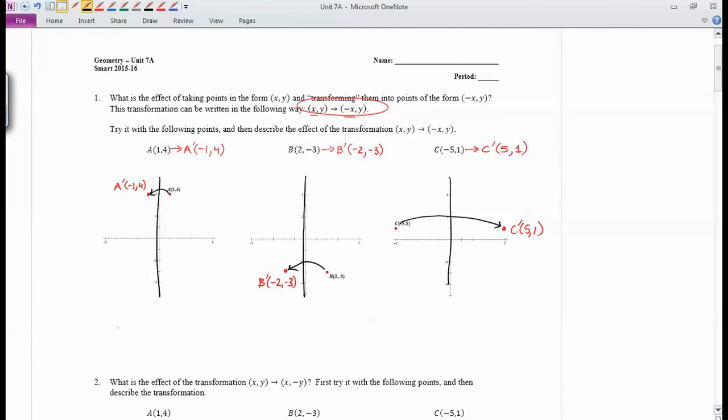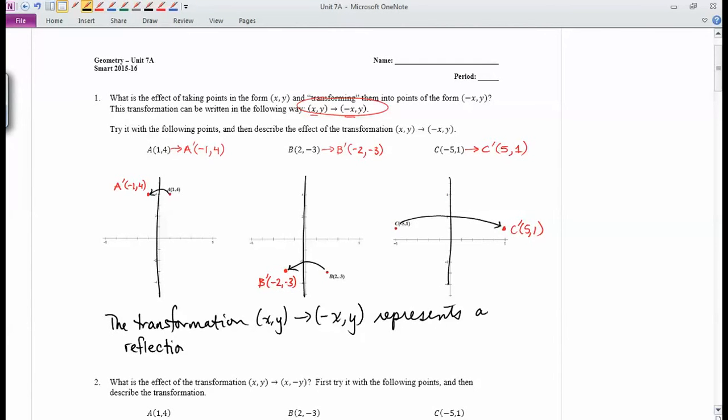So the math term for that, the way that I'll write this up, the transformation (x, y) turns into (-x, y) represents a, now the math term for bouncing it across is reflection. And in this case, it's across the y-axis. So that's reflection across the y-axis.